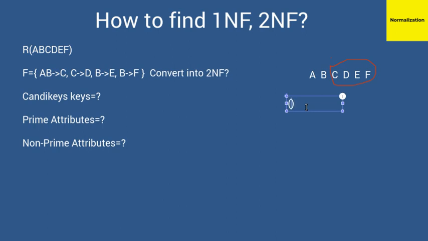If you want to know how to find candidate keys clearly, I have made a video; you can check it in the description below. Let us find AB plus. You have A and B, and now we will check what other attributes are derived by A and B. Here you have C because of AB, so include that.